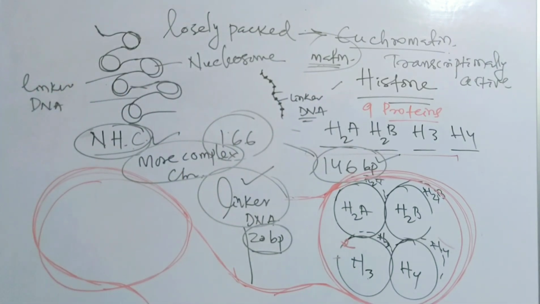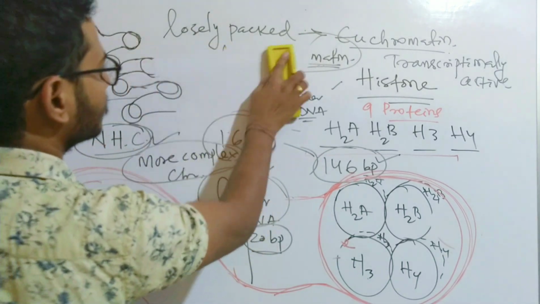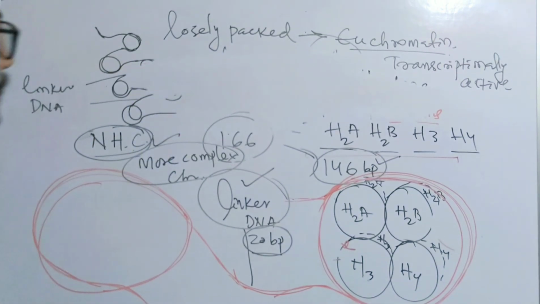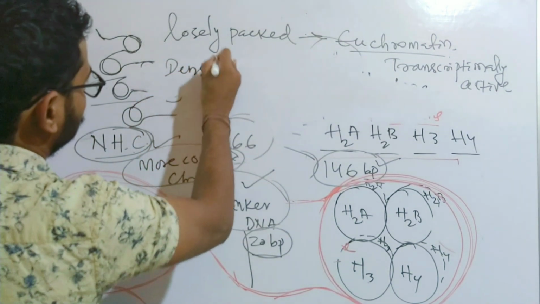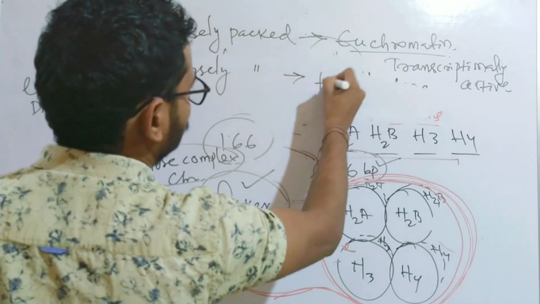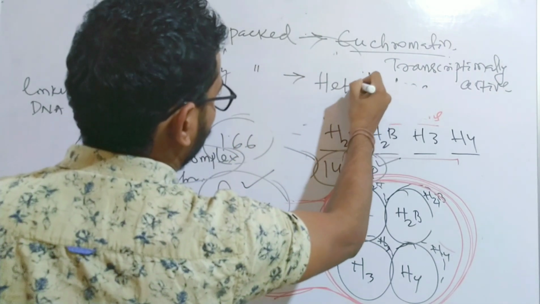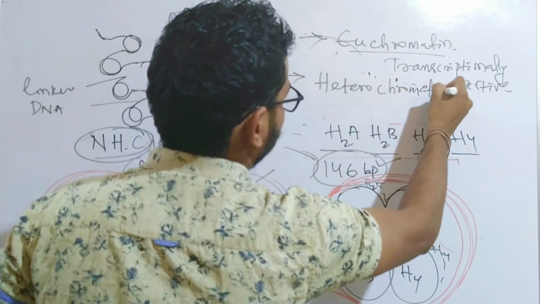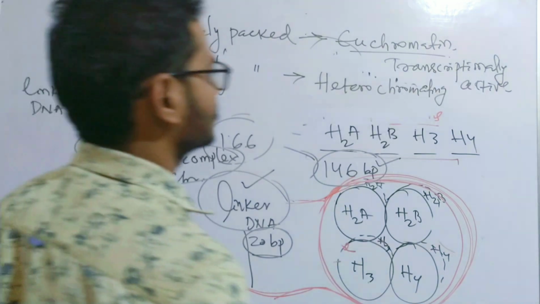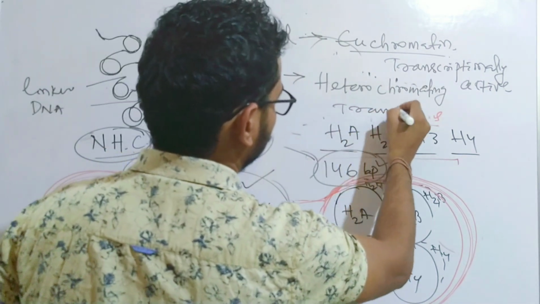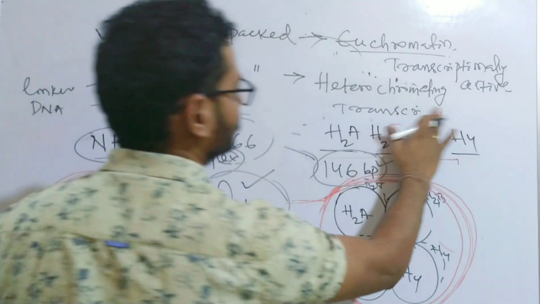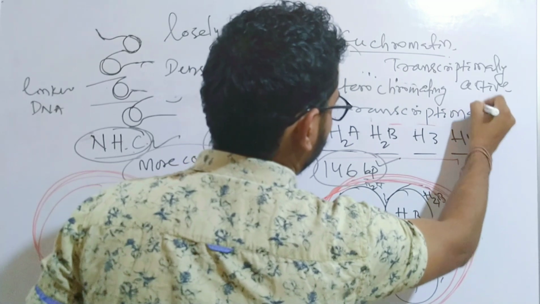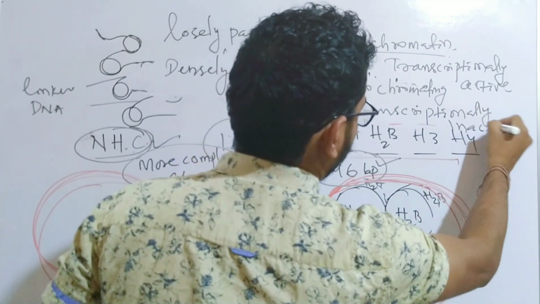So let me write here, the densely packed chromatins are called heterochromatins, and these heterochromatins are transcriptionally inactive. They do not take part in the process of transcription. So they are transcriptionally inactive.